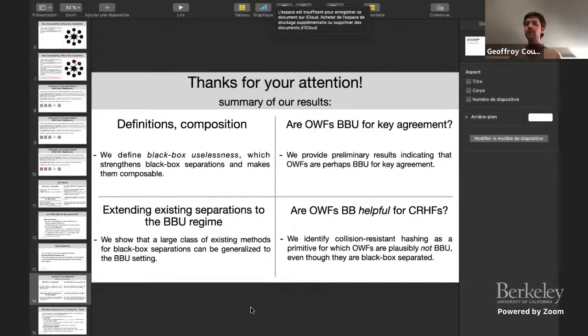But the first step will be to first prove the... You mean helpful? Yeah, Geoffroy, you mean helpful, yeah. Yes. So the first step will be to prove that one-way functions amplify in the presence of a random oracle without adding a collision finder there. And even this is open, but it looks like a very natural question.